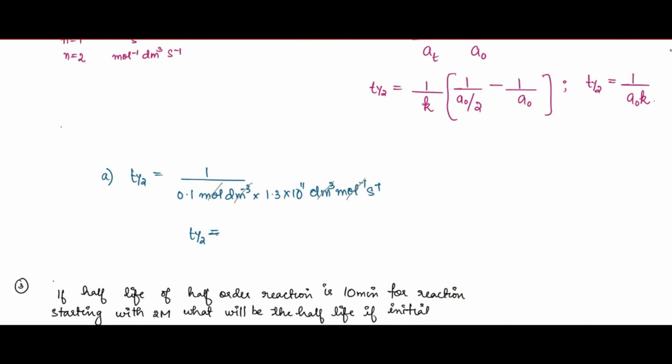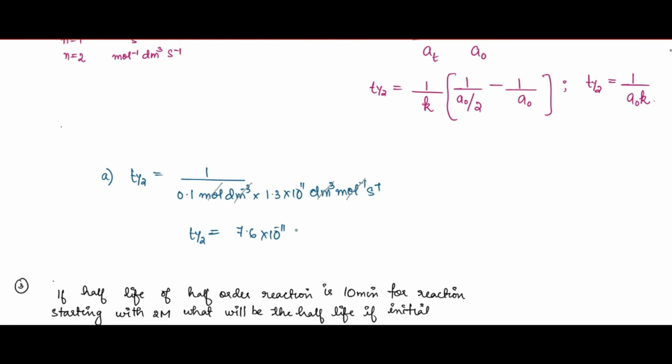What is the answer that you're getting? You will have 1 divided by 0.13, which is 7.6 into 10 to the power minus 11.